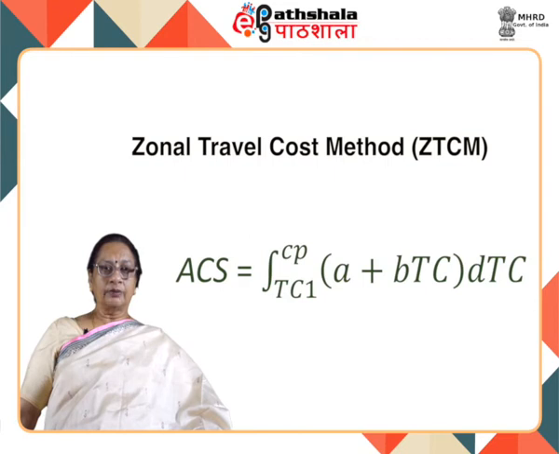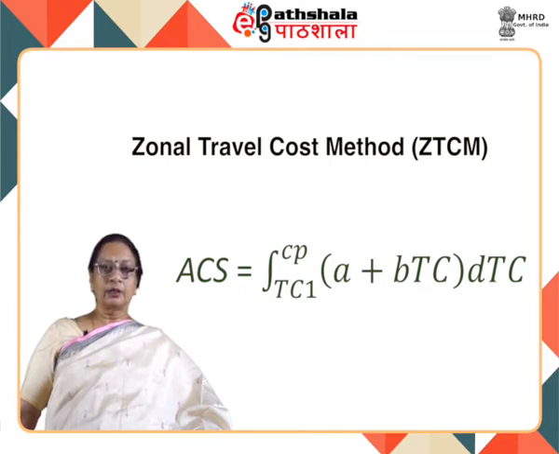Per person average consumer surplus in each zone for all visits to the site in a period of time may be calculated by integrating the linear equation between the cost of visits and the price at which visitor rate is 0, the choke price.